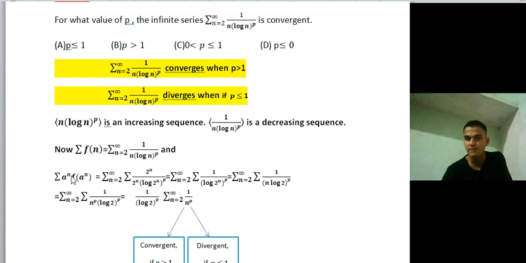So we will take 2 to the power n here, and 2 to the power n also in the function. So 2 to the power n into 1 by 2 to the power n whole to the power p. So 2 to the power n and 2 to the power n cancelled.